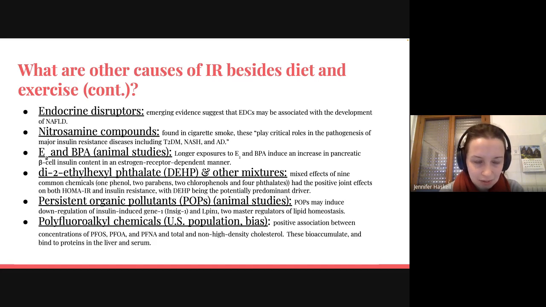But some of them had downregulation of insulin-induced gene 1, and then the polyfluoroalkyl chemicals, the forever chemicals, also. They might cause some cholesterol effects, but the jury wasn't really out. They don't bioaccumulate in the fats as other ones do, but if they're involved with the liver, it could cause downstream effects.